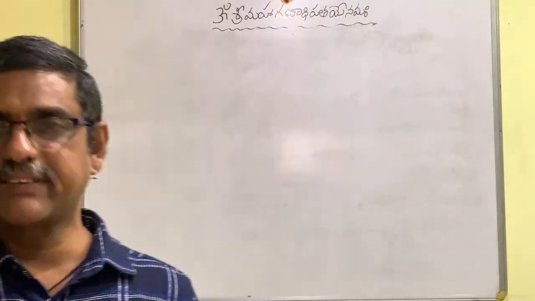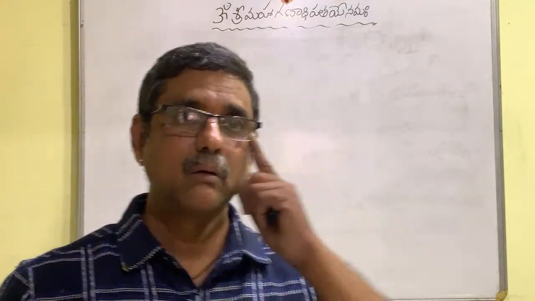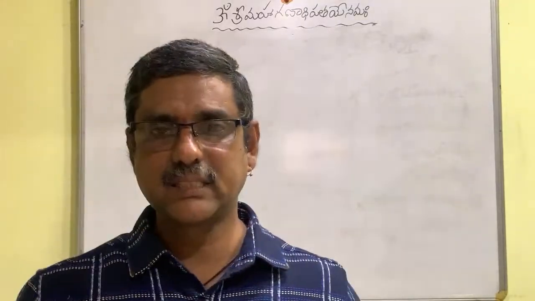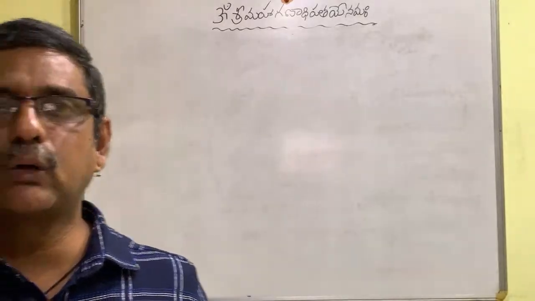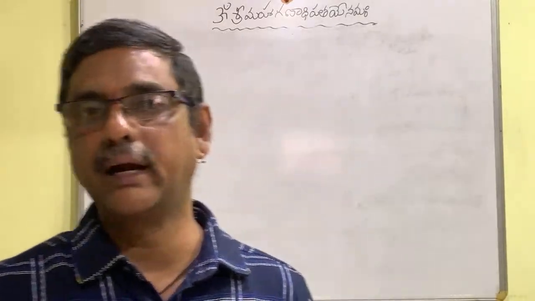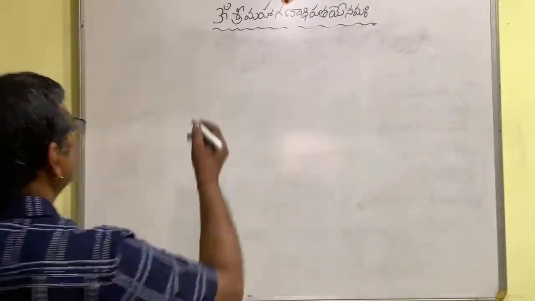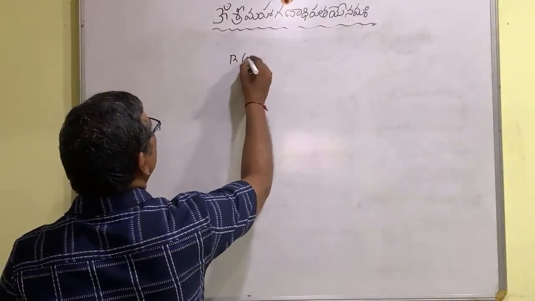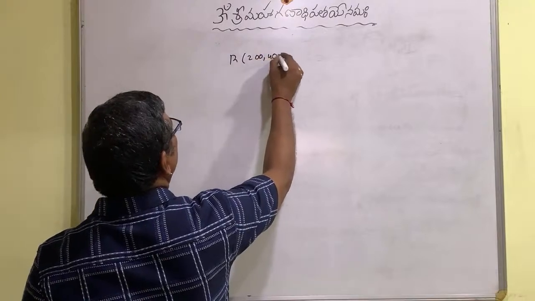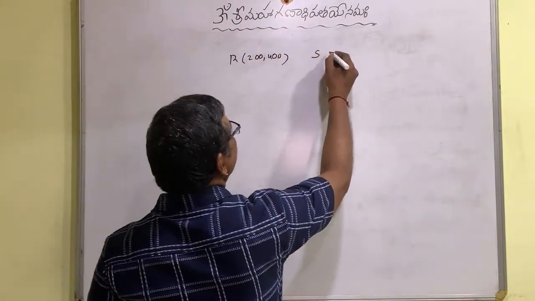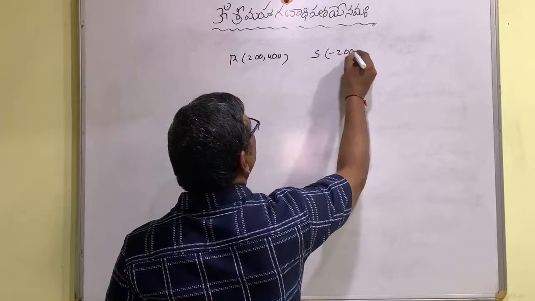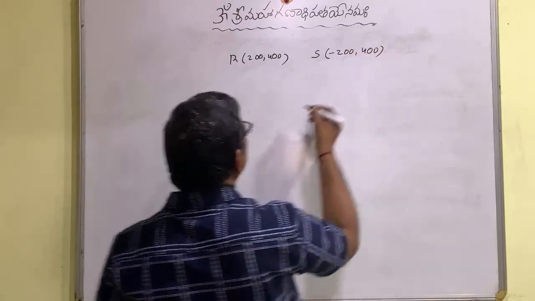And coordinates of S, negative 200 comma 400. Coordinates of R, 200 comma 400. Coordinates of S, negative 200 comma 400.